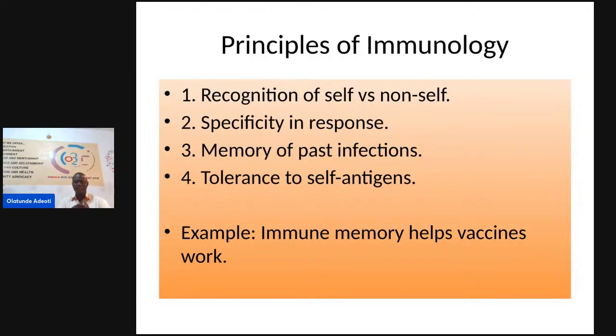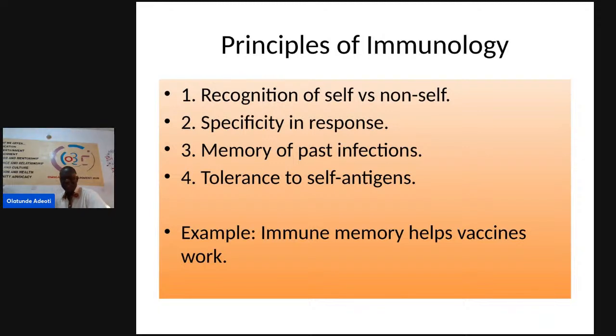Okay. The basic principles of immunology include, number one, the ability to recognize self from non-self. If the immune system cannot recognize part of the body from the one that is foreign, the ability to wage war against the non-self will be impaired.